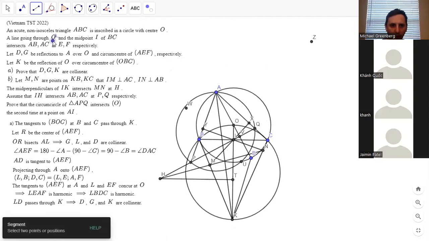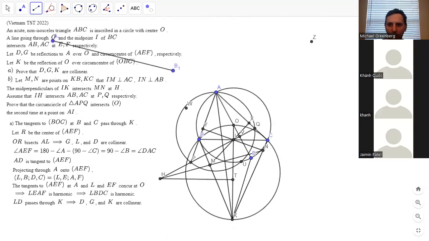And I is the midpoint. So I'm gonna delete a couple points, and we're gonna work with KWZ. O is the incenter.